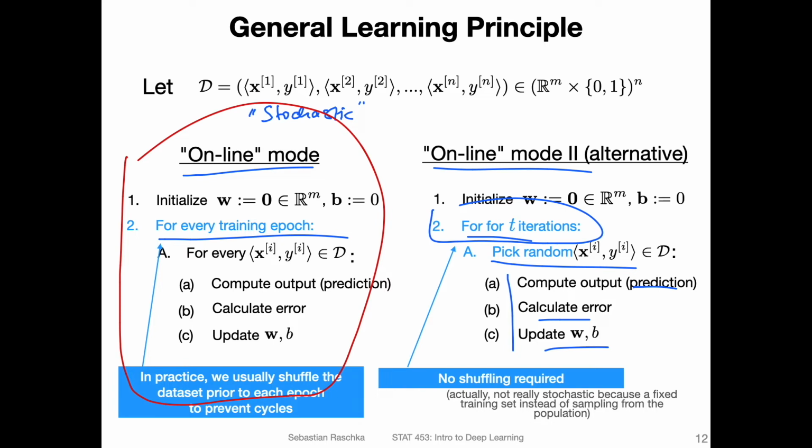It's kind of making better use of the data set in that way. This is also not truly stochastic, I would say, because in order for it to be truly stochastic, you would be sampling from the distribution. Here we still have a fixed size training set, but this is just nitpicking actually.